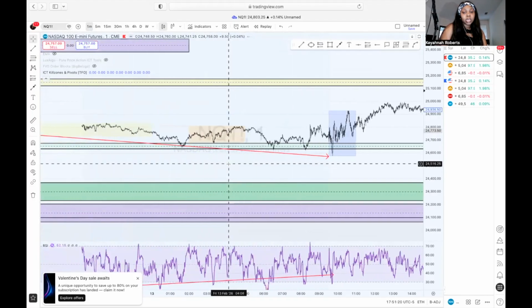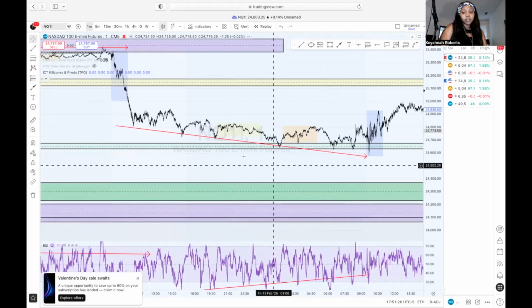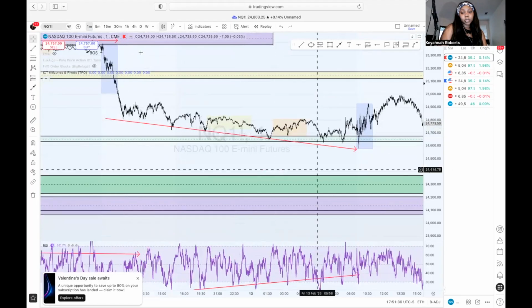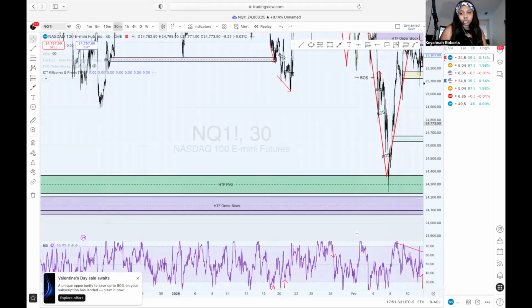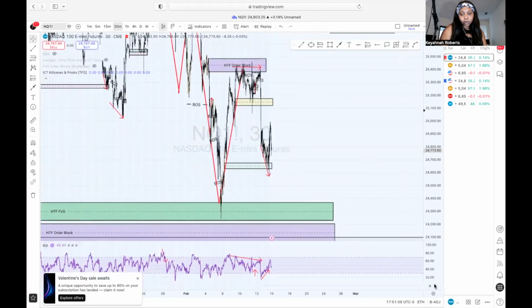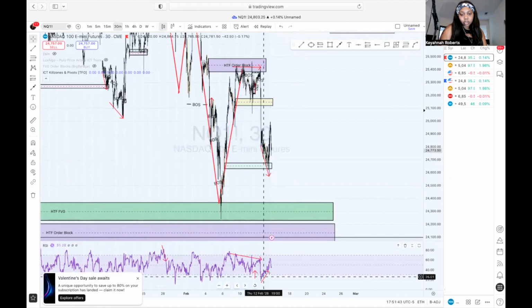So when it came down to this level of support down here, first initially we had this divergence forming. You can't see the divergence on the 1 minute, it's going straight through. So let me go to a higher time frame for you. As you can see here, divergence and then divergence, right?